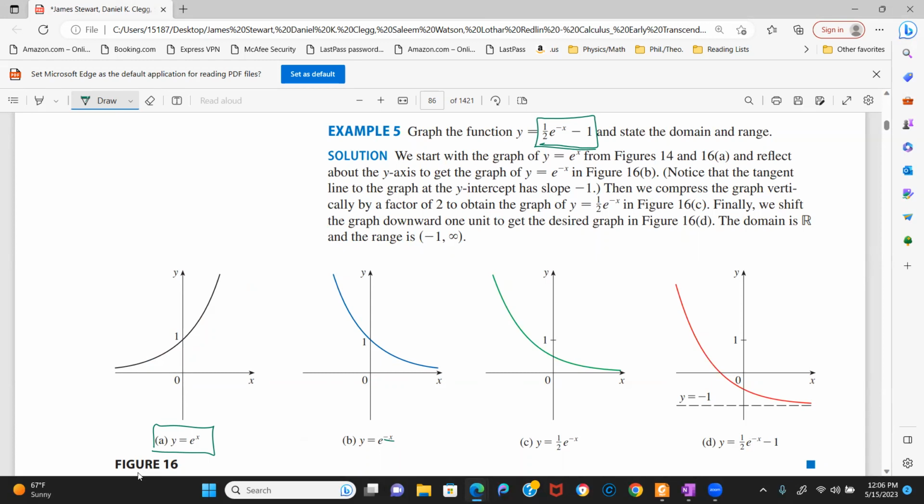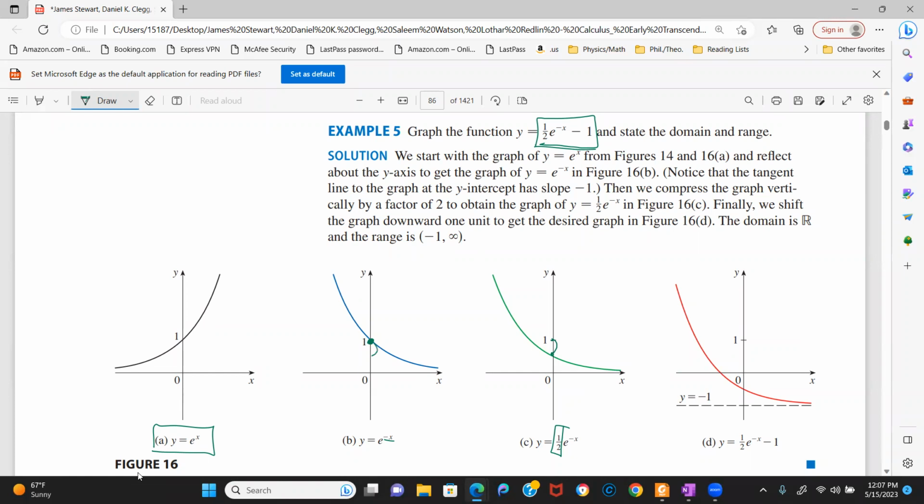And then you have 1/2. The 1/2 is on the outside of the function, so that means you're shrinking all the y coordinates, so this point shrinks down to here. This is not a translation, that's a shrinking.